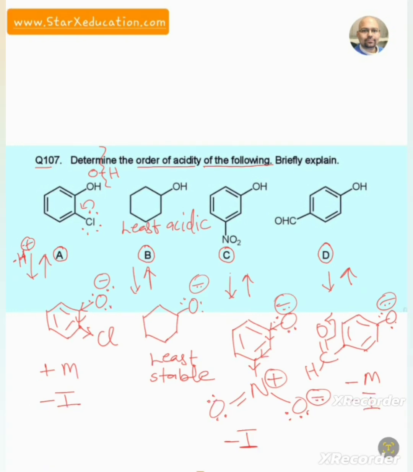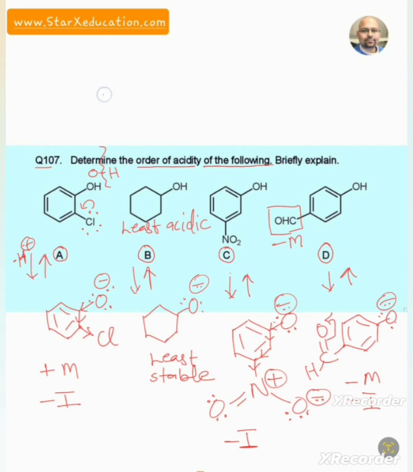So if we compare the stability of conjugate bases, then we observe that the conjugate base in case of D is the most stable because of the minus mesomeric effect of a very strong electron withdrawing group, the aldehyde group.